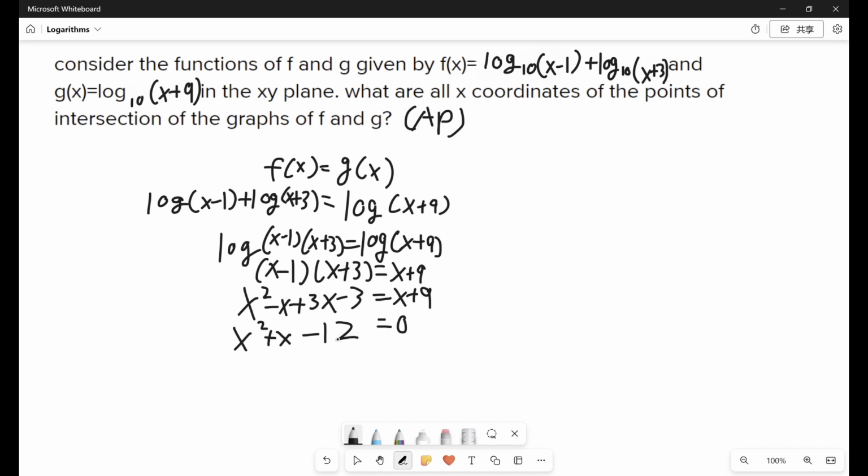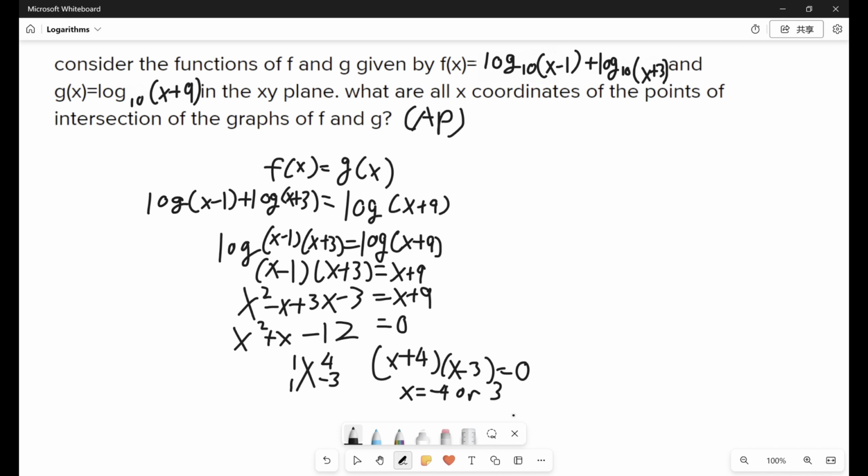So we have x squared plus x minus 12 equals 0. We can just factor this using cross factor. So we have (x plus 4) times (x minus 3) equals 0. This means that x is equal to negative 4 or 3.